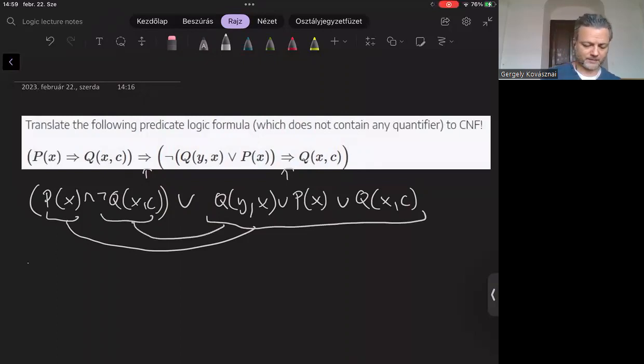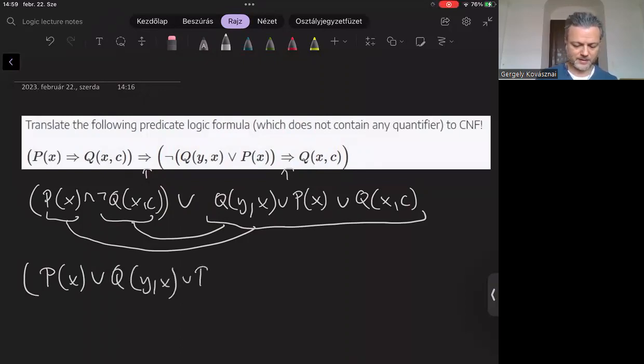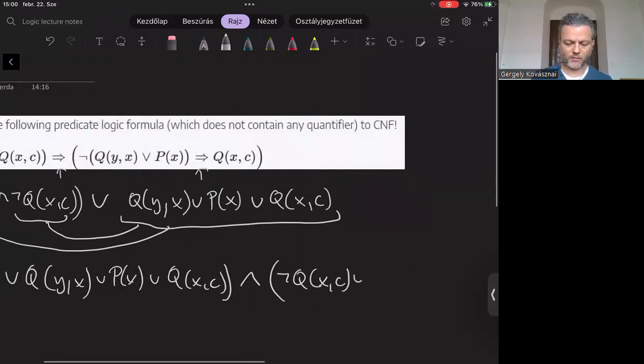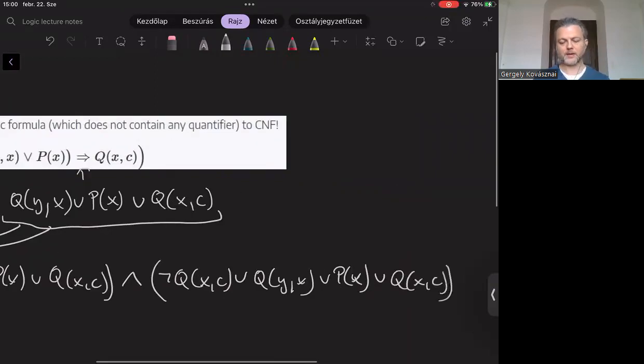So at the end, I'm going to get p(x) or the rest of the formula, q(y,x) or p(x) or q(x,c), and I take not q(x,c) or and the rest of the formula, so I'm going to copy it.